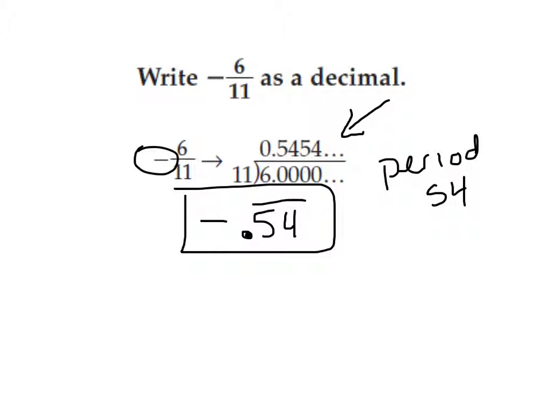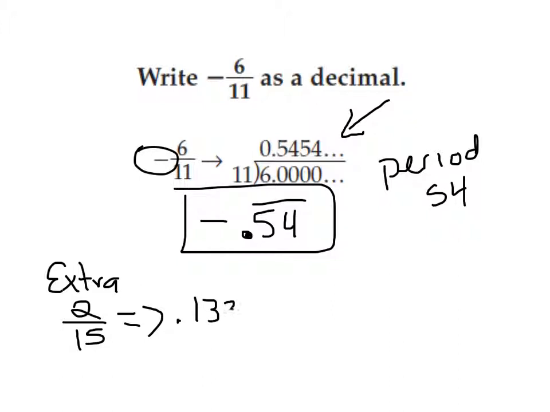Let's do an extra one. Let's try 2 divided by 15, or the fraction 2 over 15. I plug it into my calculator. I notice I got 0.133, and it started to repeat. So what am I going to do?